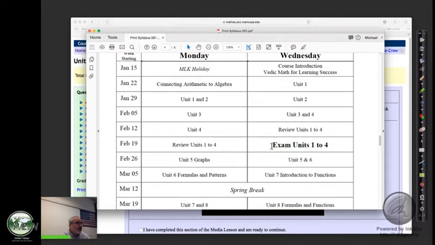Then we're into review really by February 19, 2021, when we're taking a test on it. That's when you should be ready. If you get to that date and you're not quite ready, hopefully it's because you've been working on it but it just hasn't been clicking.